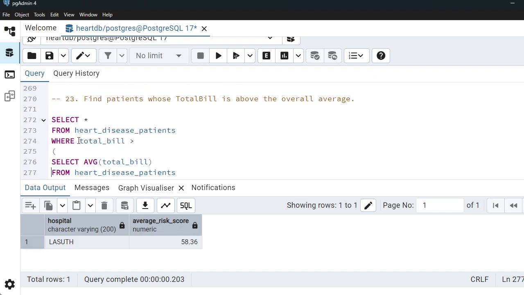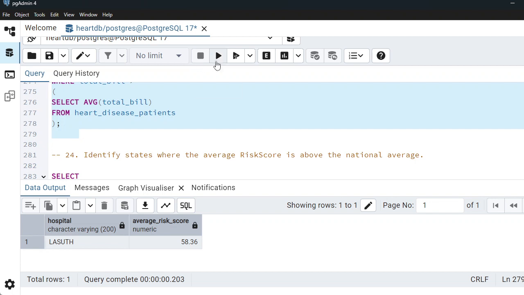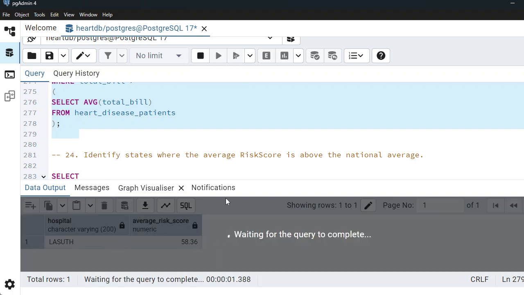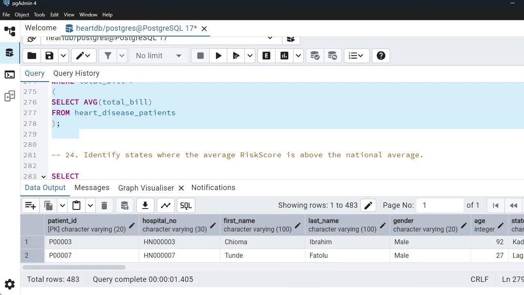So find the patients whose total bill is above the overall average. For us to tell that, we select from the heart disease patients where total bill, right? So select the average total bill from the heart disease. If you run this now, it's going to give you the total bill for each patient, right?